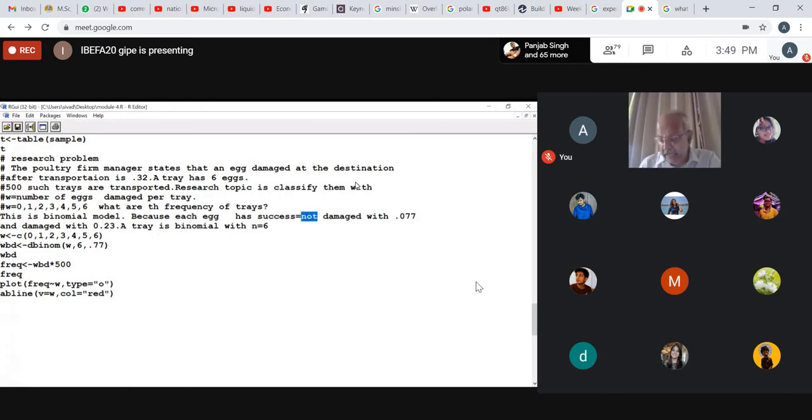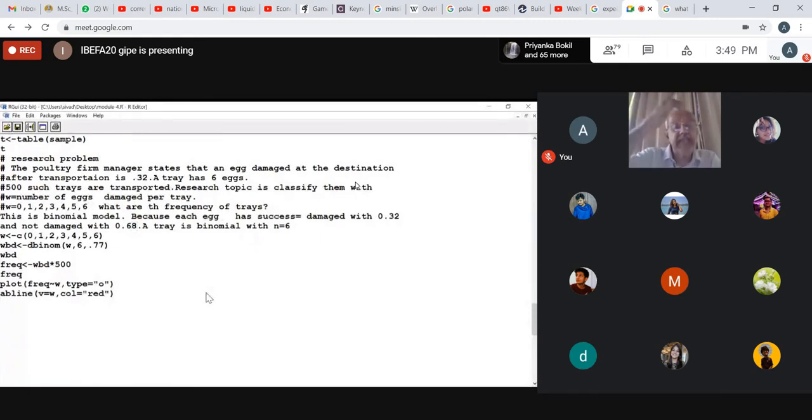So here my success means a damaged egg. And not damaged will be 0.68.